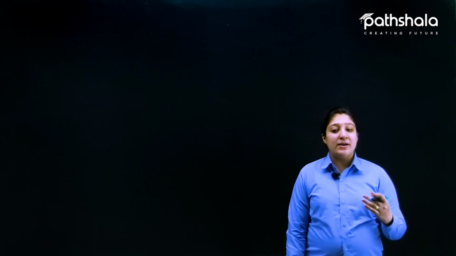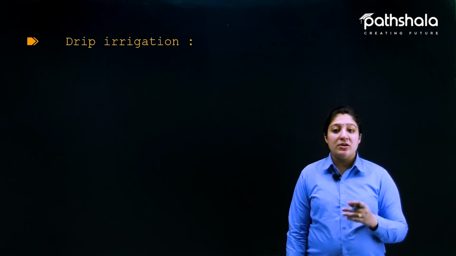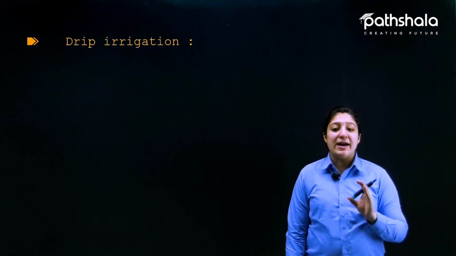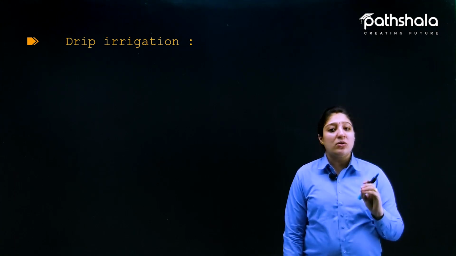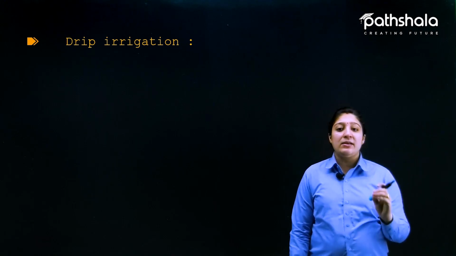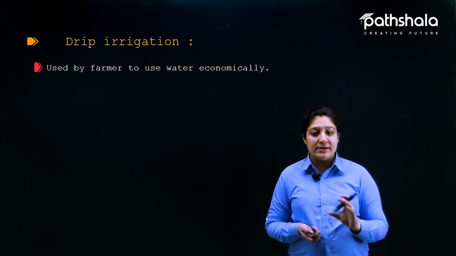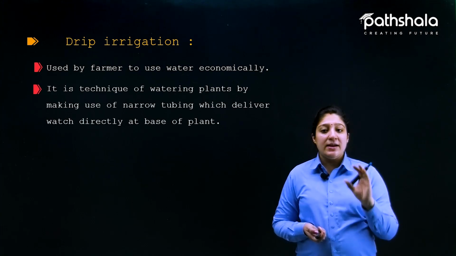The next one is drip irrigation. This is a method basically used by farmers so that very little water is wasted in the crop fields.